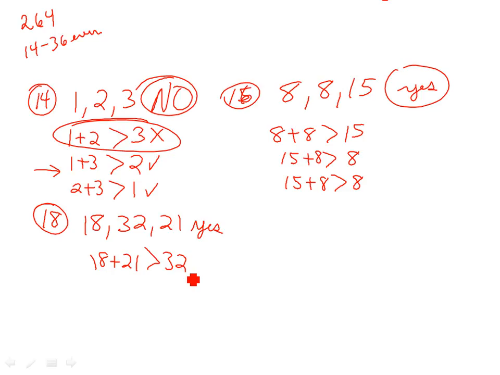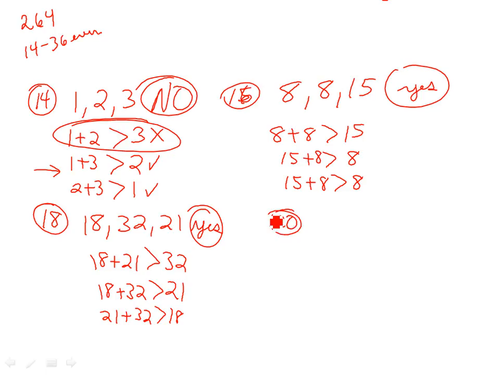Is it though? 18 plus 32, is that bigger than 21? Yeah. And then the last one, 21 plus 32, is that bigger than 18? Yeah. So the answer is yes. Those could be the sides of a triangle.